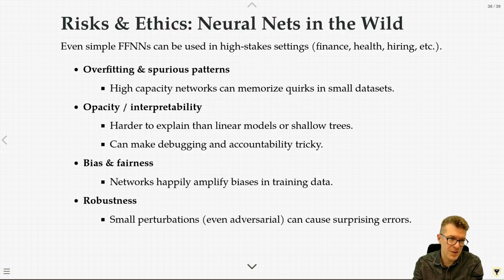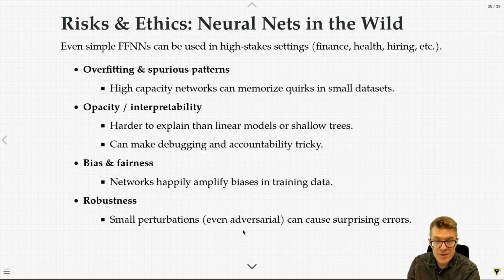There are lots of solutions to this, some of which are partially useful, and we'll come back to that later in this course. Bias and fairness is still important. If your training data has biases in it, these neural networks, especially because of how efficient some of them are, can happily amplify those biases.